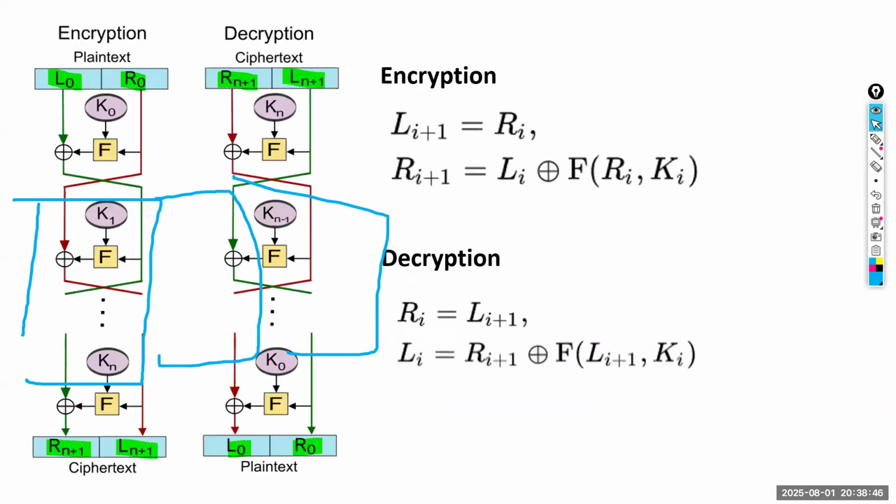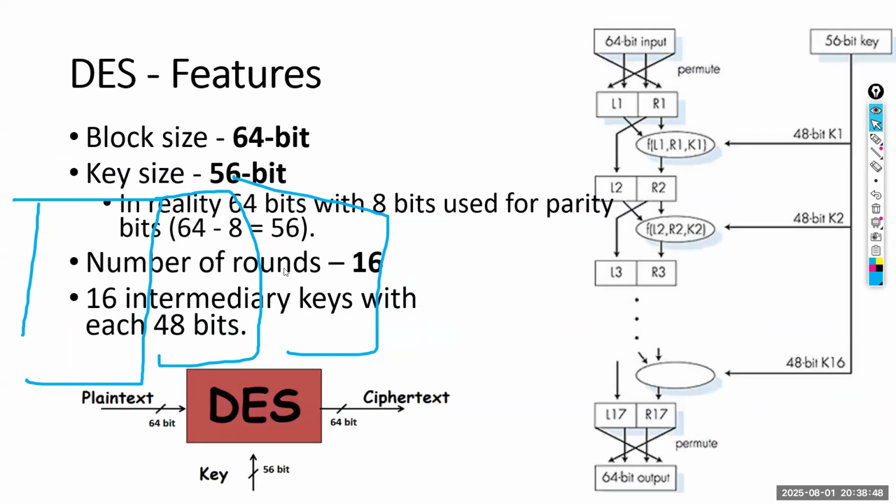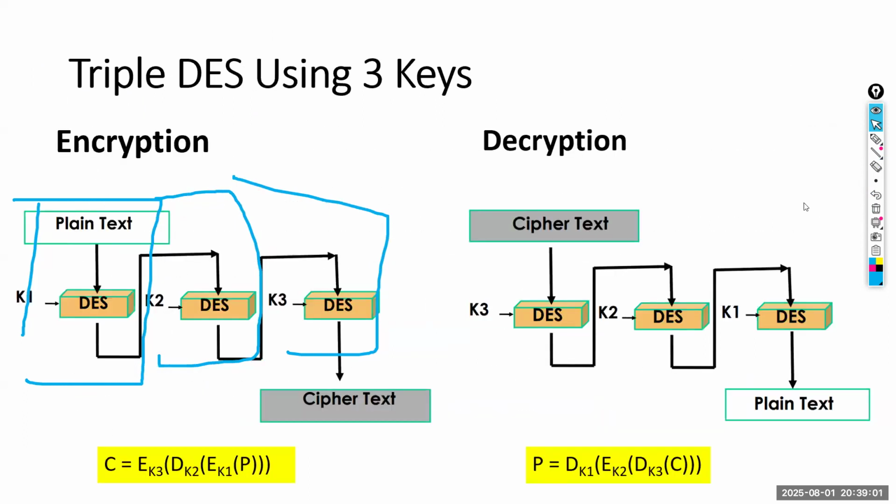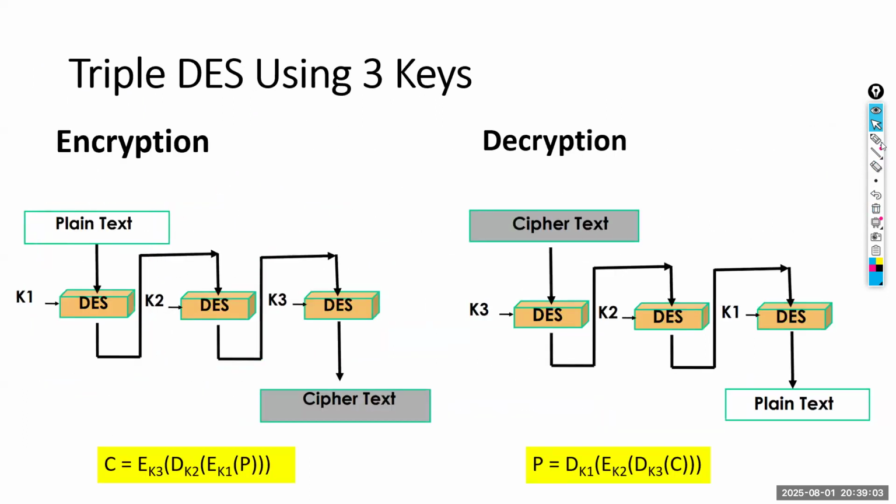Therefore, for step one, step two, step three, each step will have maybe 10 rounds. Right. So that is triple DES using three different keys.